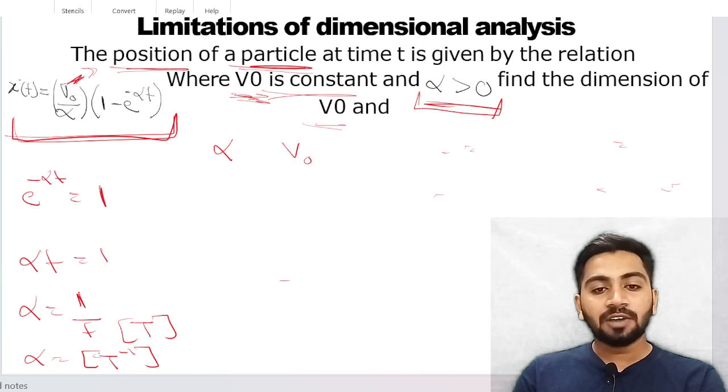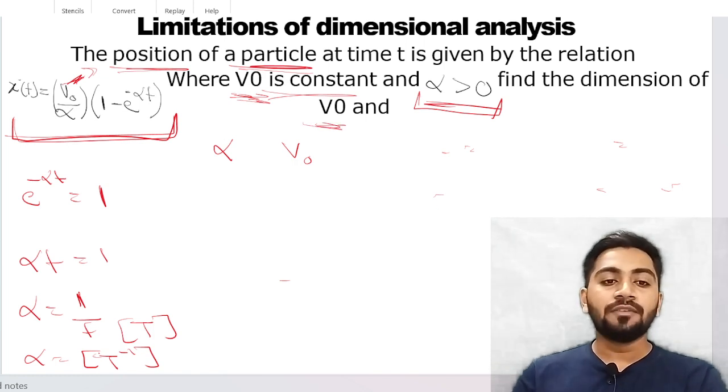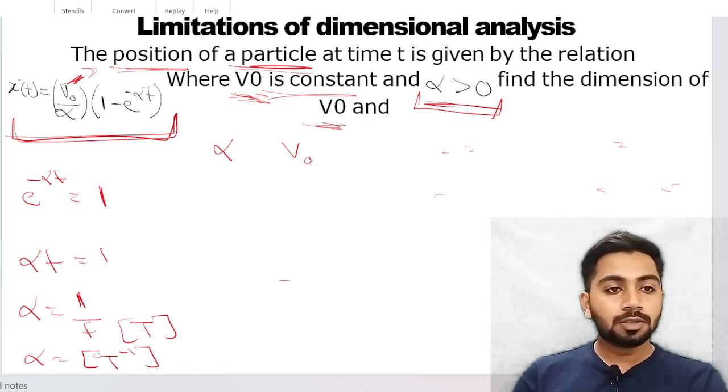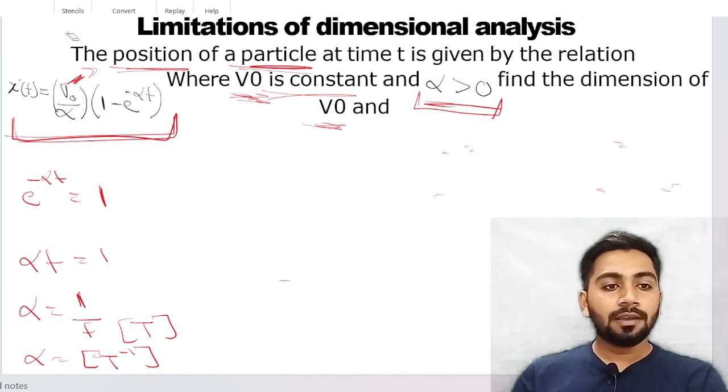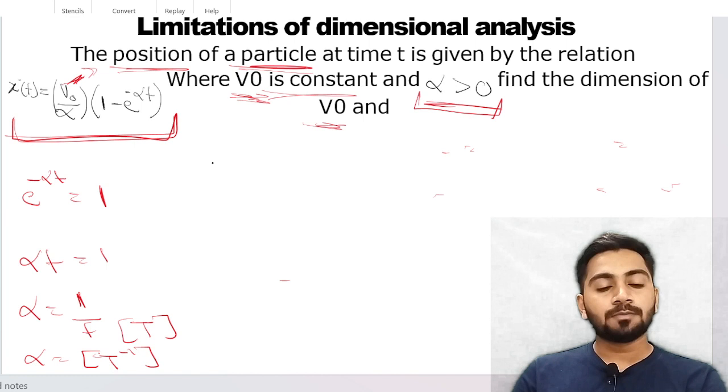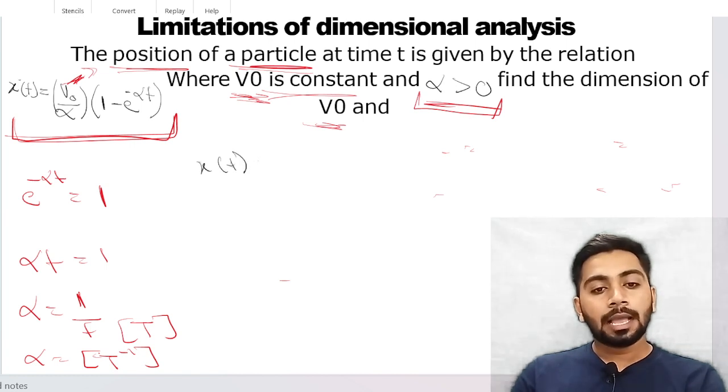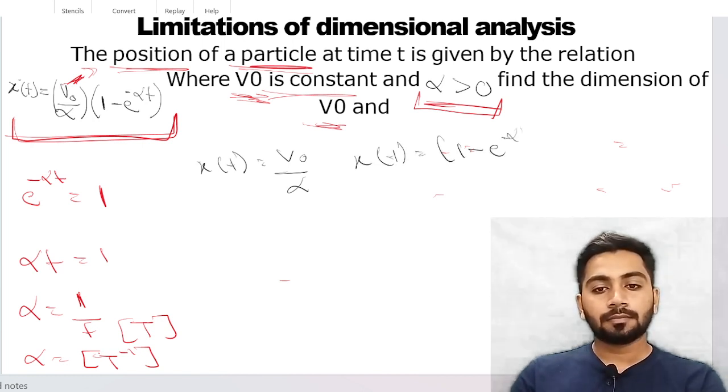They asked for the dimension of V naught. How to find the V naught value? So simple. Yesterday we discussed one small thing: whenever you have a function like this, this side is always equal to individual terms of this side.